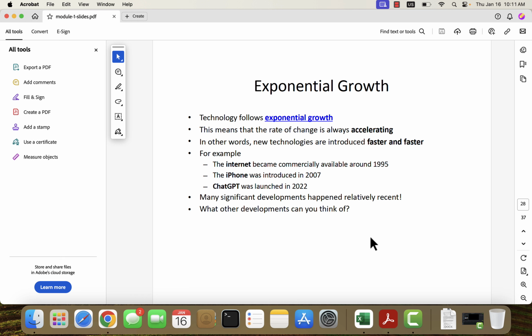This means that the rate of change is always accelerating. And that is why, and probably you heard this before, people tend to say that in information technology, if you learn something today, most likely this is not going to be applicable or have so much use in 5 years from now, okay?